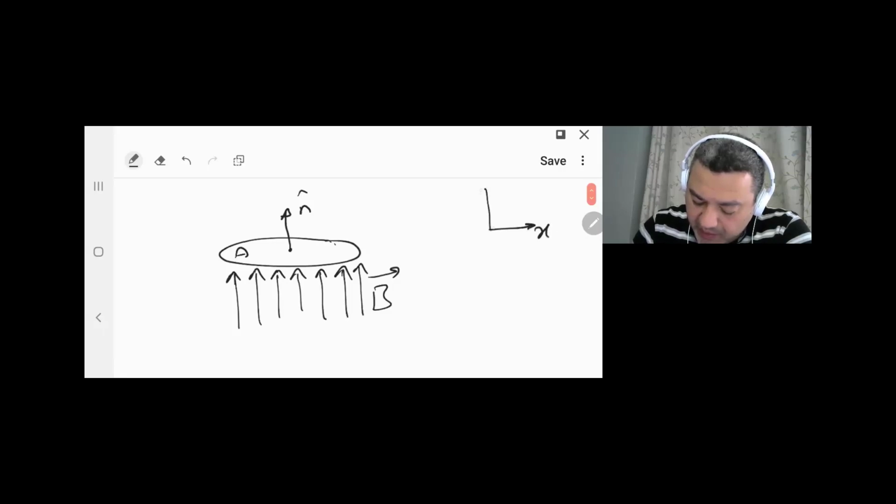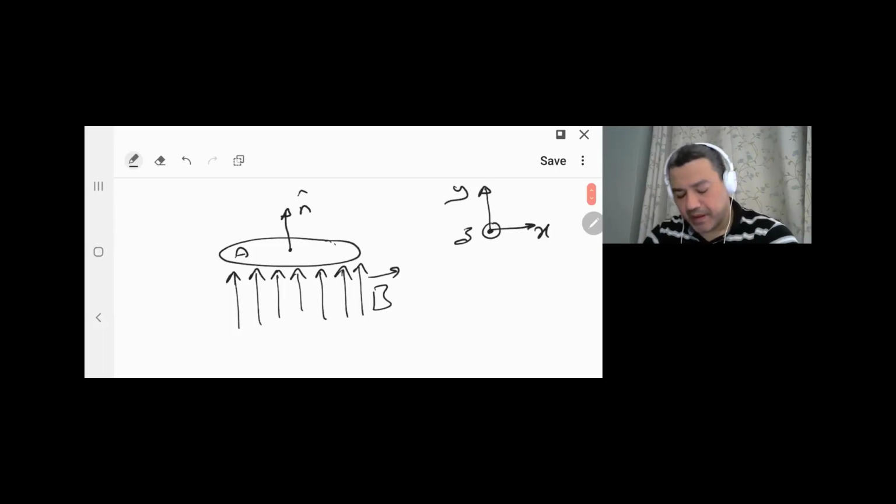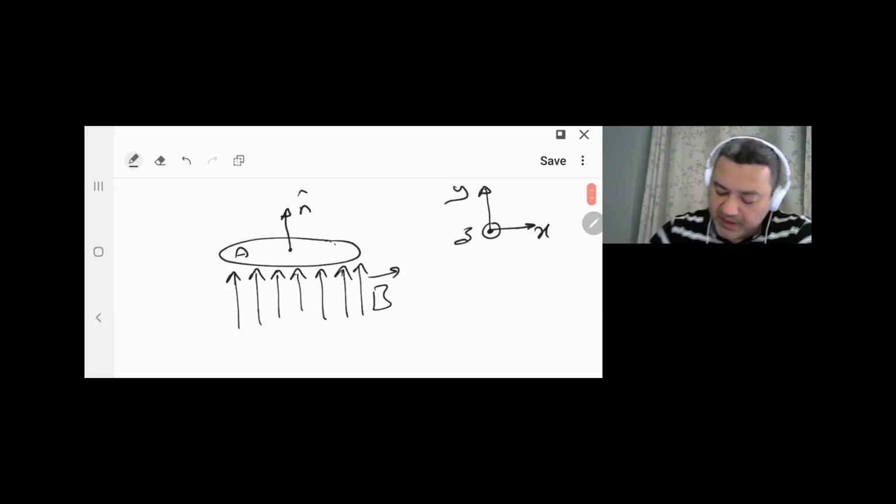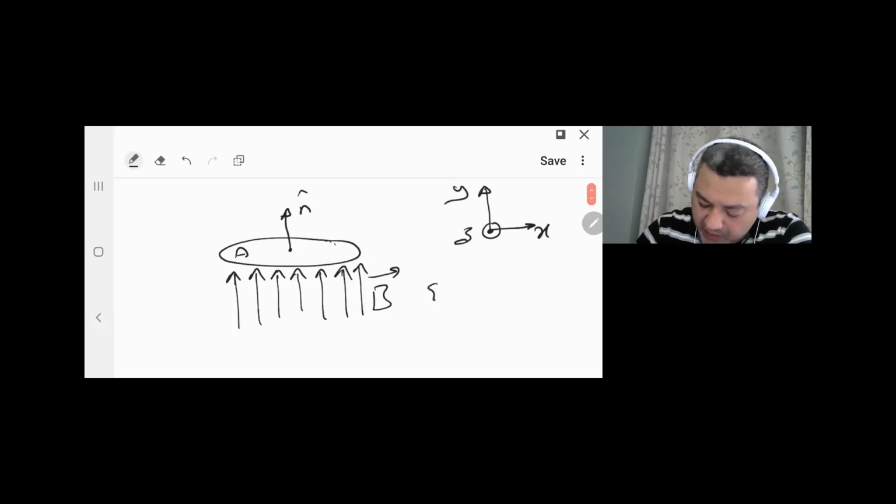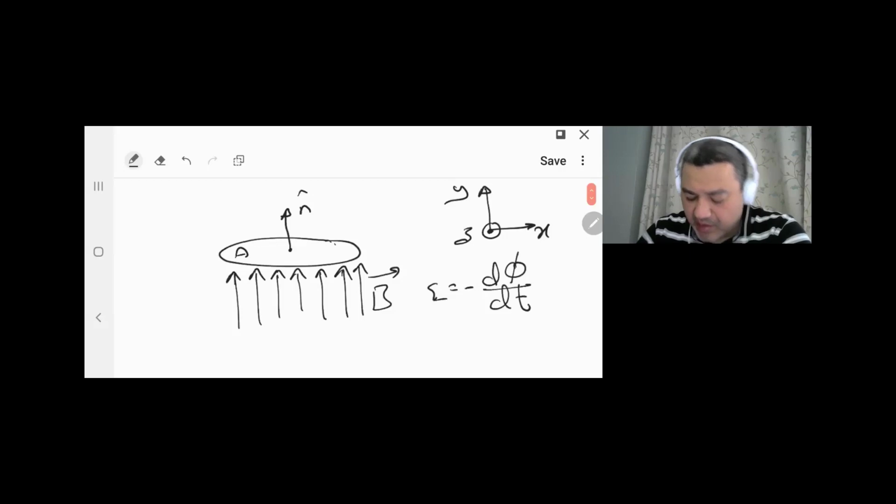So let me take this one, X, Y, and this is Z. As I said, the induced electromotive force, Faraday's law, equals the flux variation through this loop.